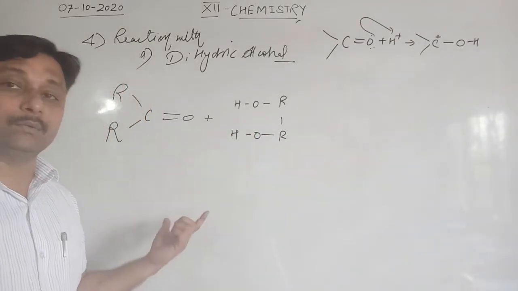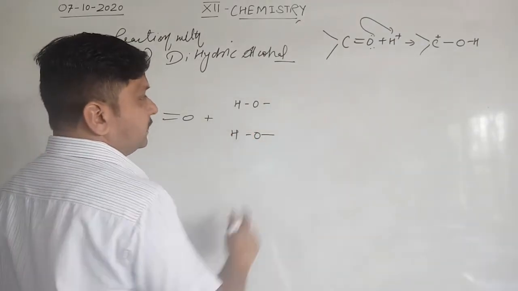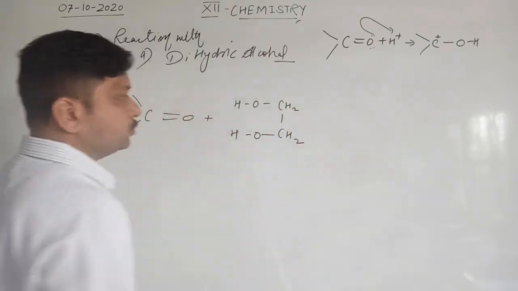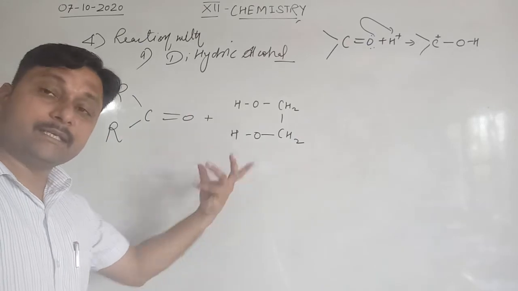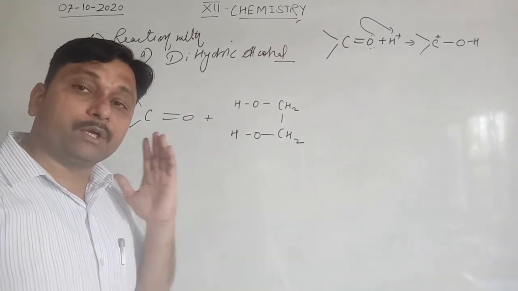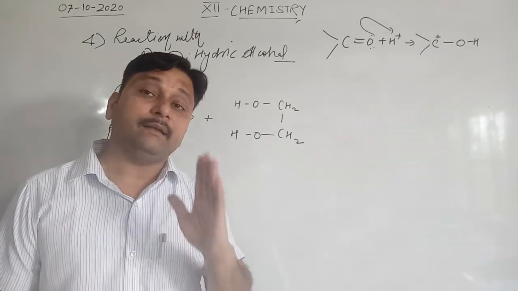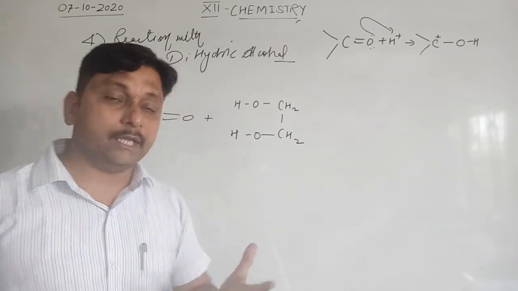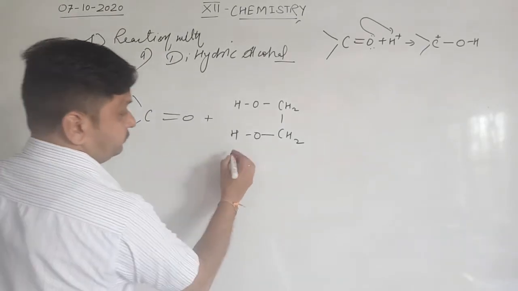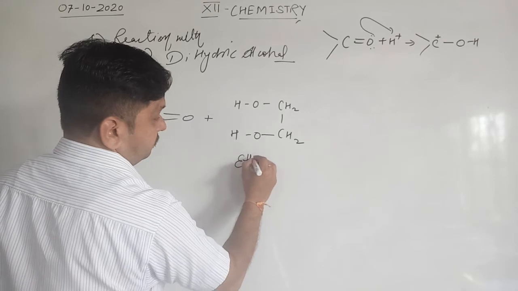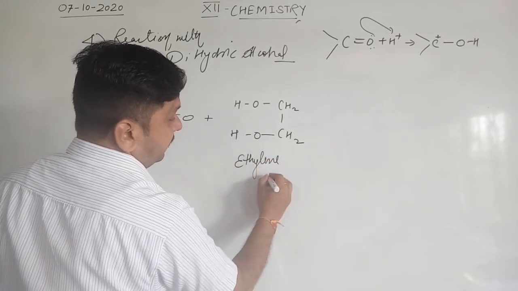This is the dihydric alcohol. We can use here, suppose, CH2-CH2. Clear? It is a glycol. It is also known as ethylene glycol, because ethylene glycol is sold in the market as glycol. So it is ethylene glycol.